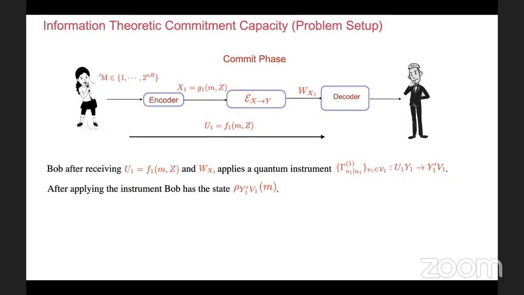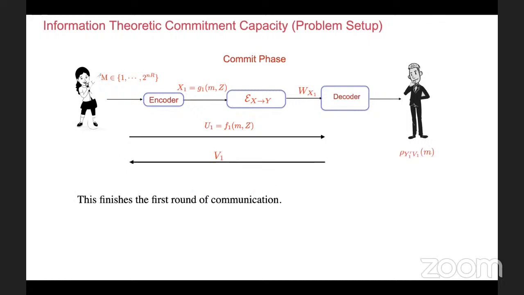He does this operation coherently using some quantum instrument, and when he measures it, there is some classical output which is represented as V1, and the quantum state after the measurement is denoted Y1 prime.